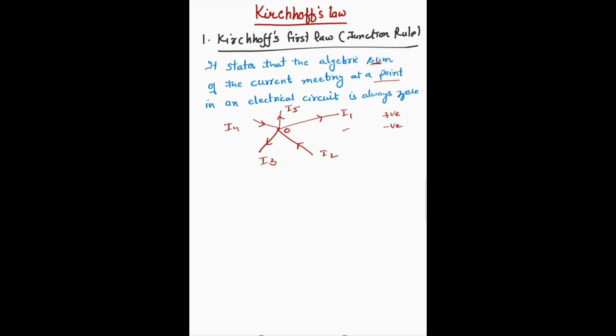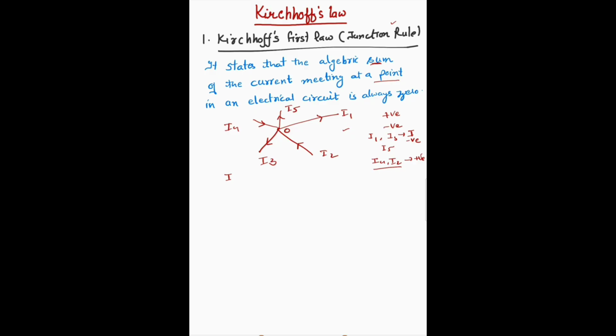So the currents I1 and I3 are flowing away from the junction O, so they are negative. I5 is also negative, and I4 and I2 are flowing towards the junction, so they are taken as positive. Then according to this junction rule, the sum of all these currents at point O is equal to 0.